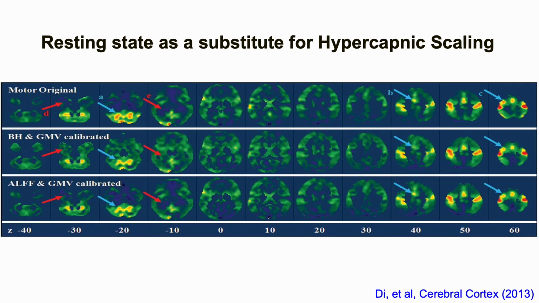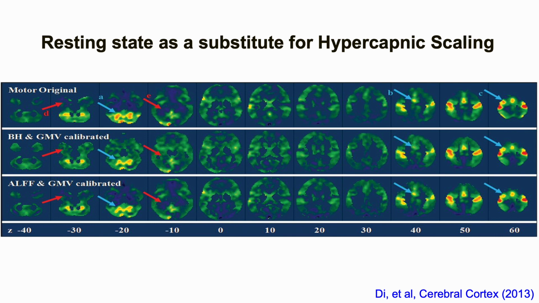And this is showing a motor task in the cerebellum and again in the motor cortex. This is calibrating using gray matter volume and breath hold, and one can see a reduction compared to the original task.